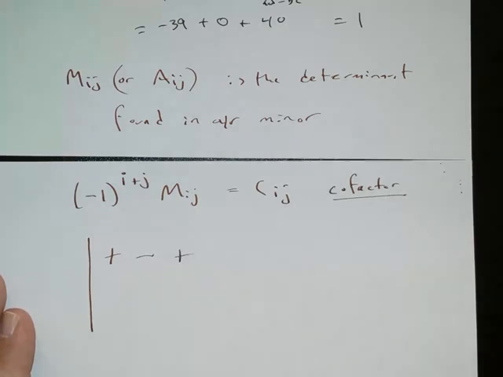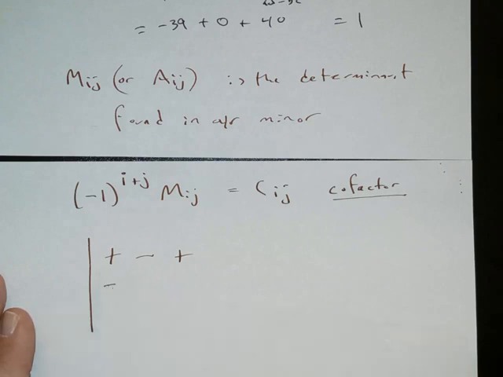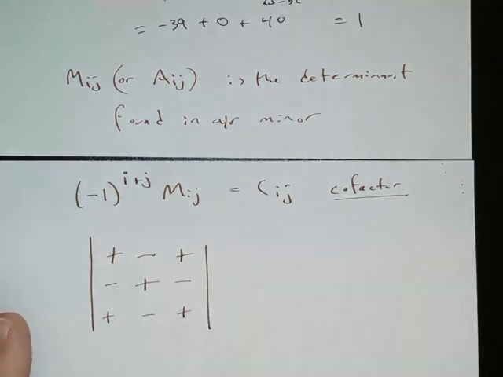I move over again. The top row is always plus, minus, plus. Every time I move, I change signs. So if I went down, that would be a minus, and then a plus, and then a minus. It looks like a checkerboard.